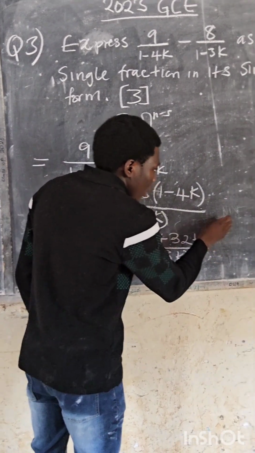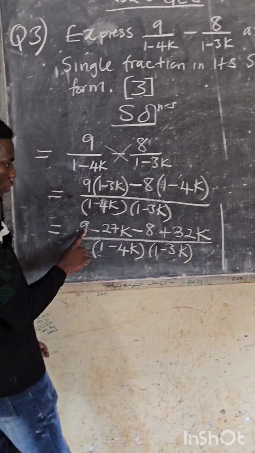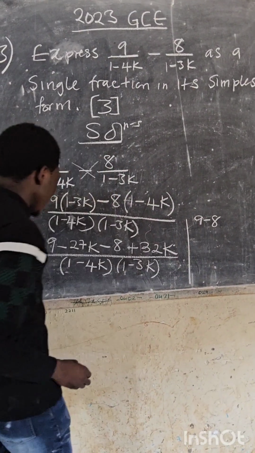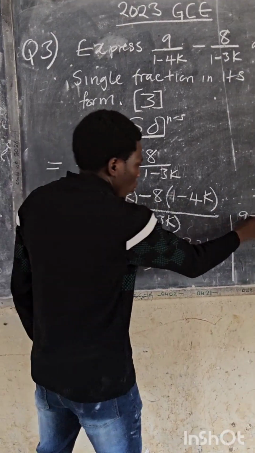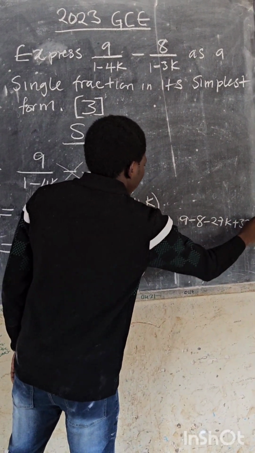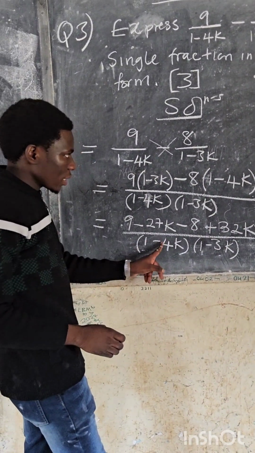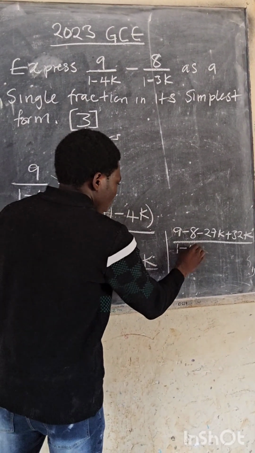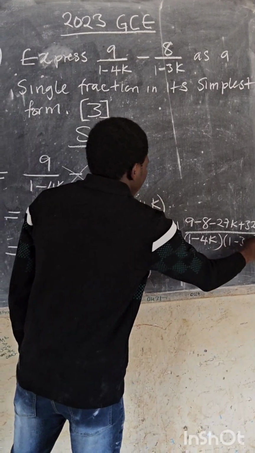So this is equal to 9 minus 8, and negative 27k plus 32k, divided by the two factors, 1 minus 4k and 1 minus 3k.